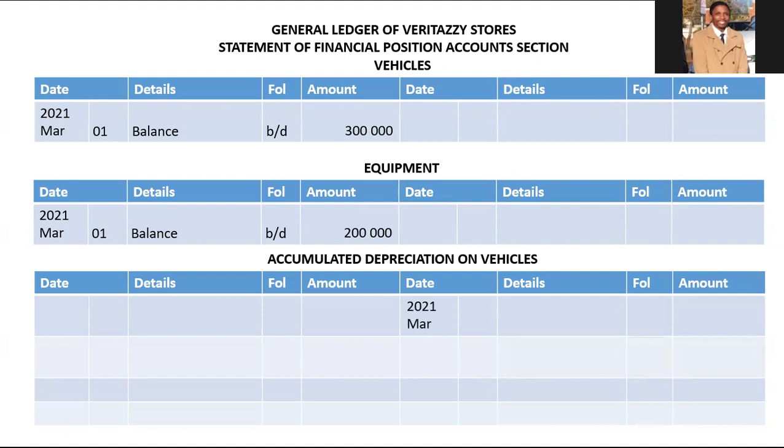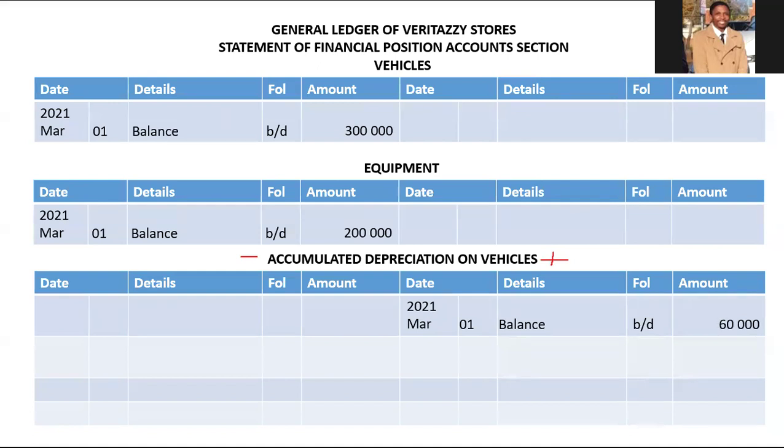Accumulated depreciation on vehicles, the sign for that will be minus plus. So at the beginning of the year, accumulated depreciation on vehicles amounted to 60,000. Remember what I said, accumulated depreciation will only be increased by depreciation.